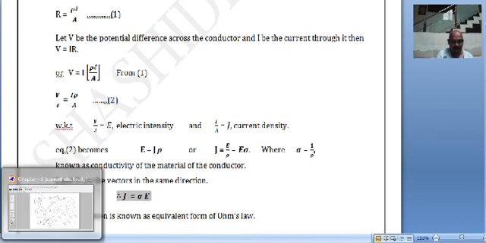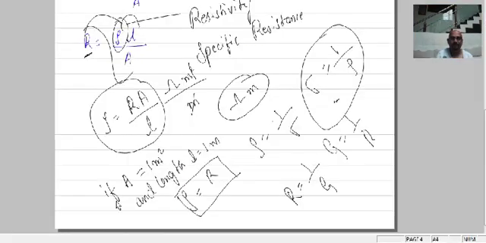So in case of any problems you can use this. Listen students, as you all know, just remember R is equal to rho L divided by A. And according to Ohm's law, V is equal to IR.